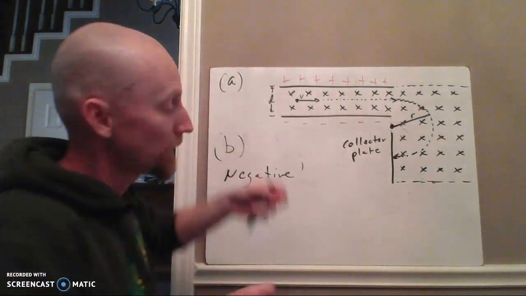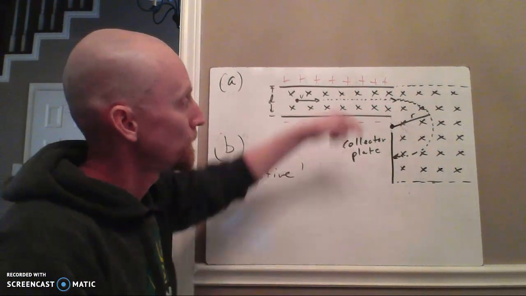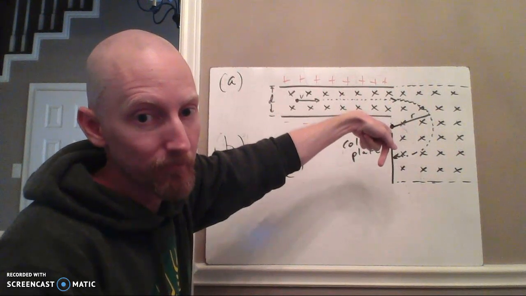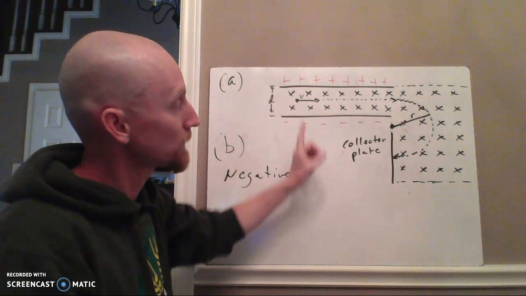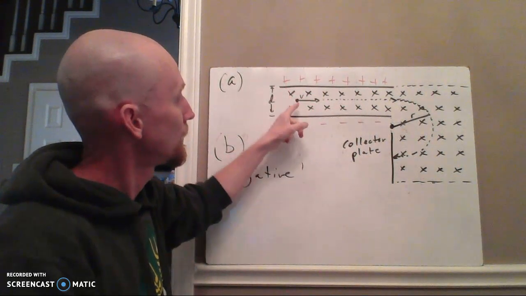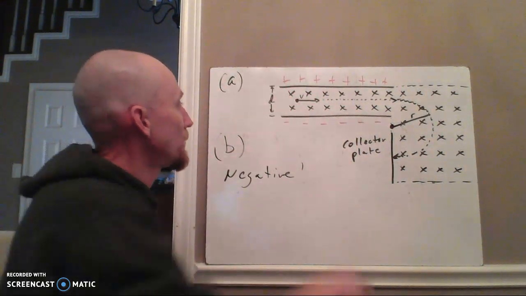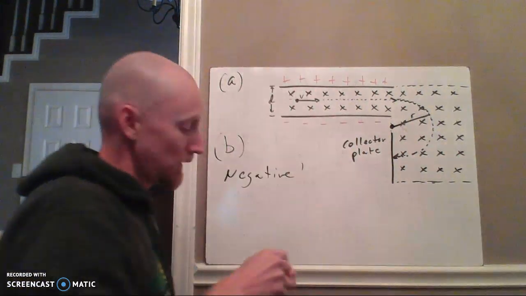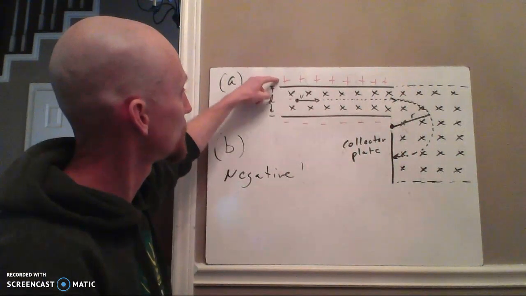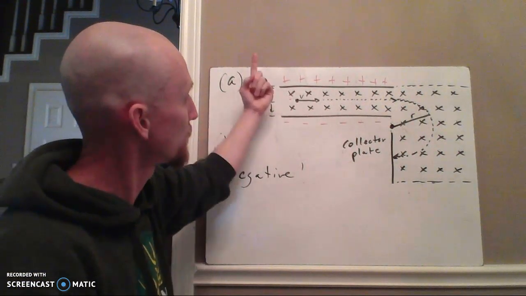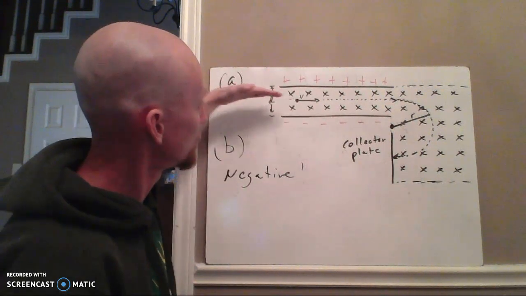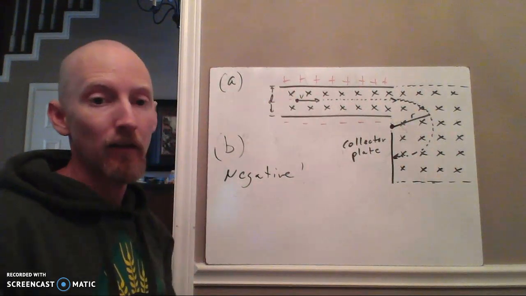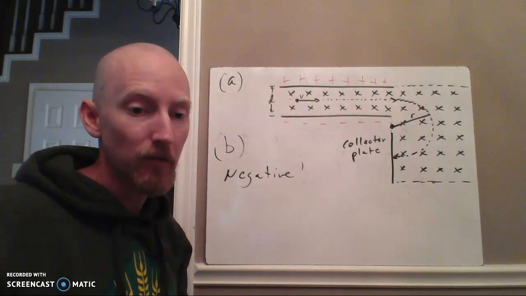We can figure that out because if our magnetic force is down and this thing is moving in a straight line, then the electric force has got to be up. If this is a little negative particle, it is going to be attracted to the positive plate. So the electric force is up, but our magnetic force is down, and so it moves in a straight line. And there you go. That's what's going on there.